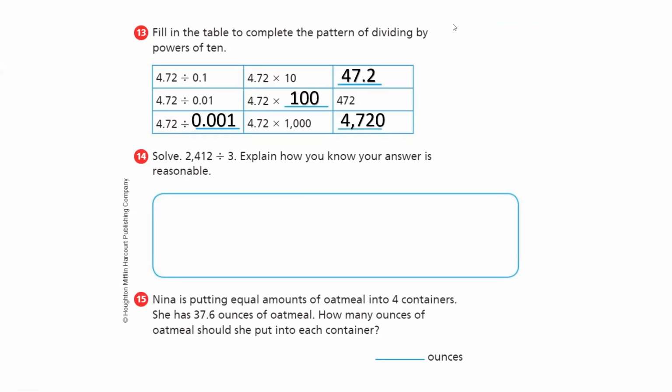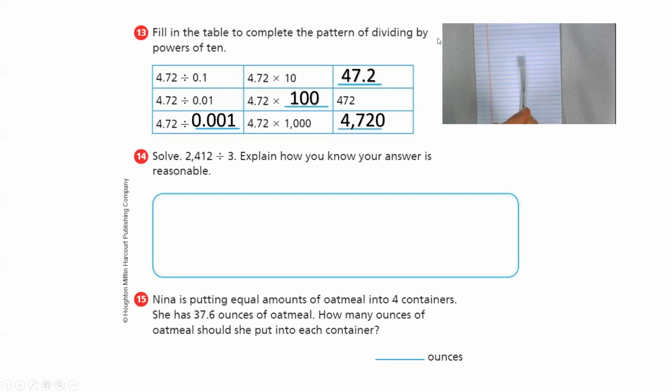Number 15. Nina is putting equal amounts of oatmeal into 4 containers. She has 37 6/10 ounces of oatmeal. How many ounces of oatmeal should she put into each container? All right, so how do you find out if it's multiplication or division? Well, what are you doing here? You have 37.6, and you are dividing that, separating it between 4.